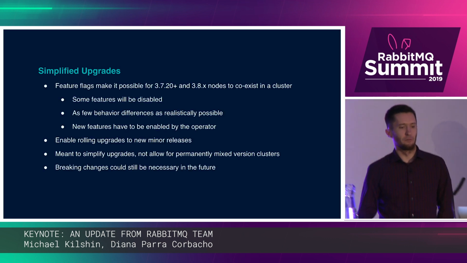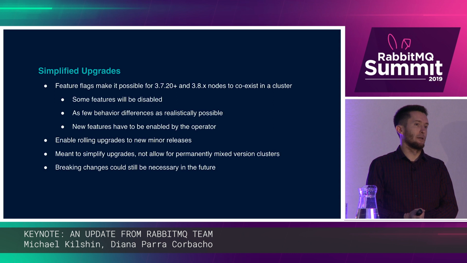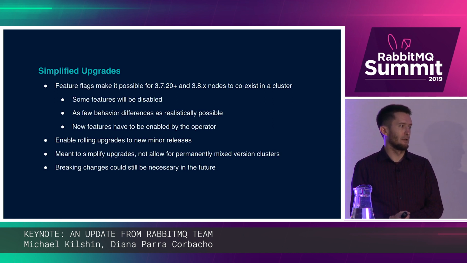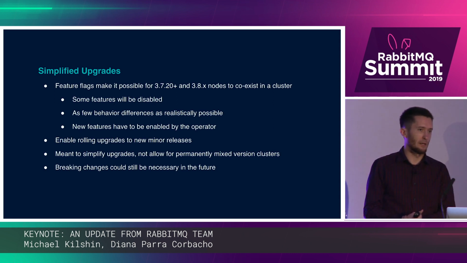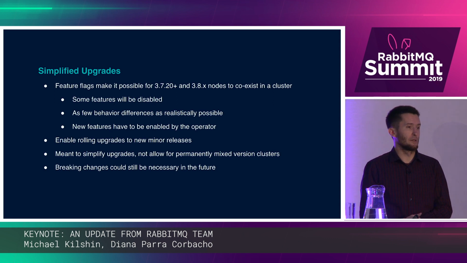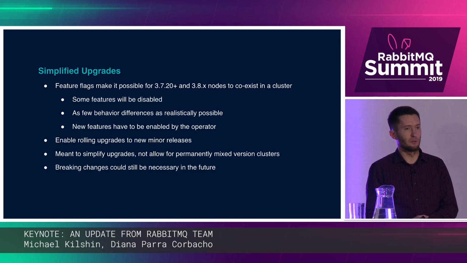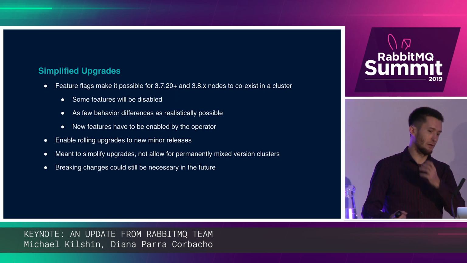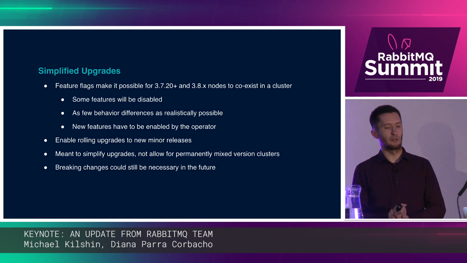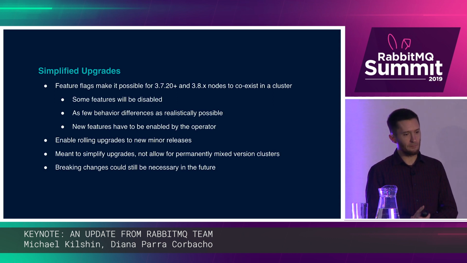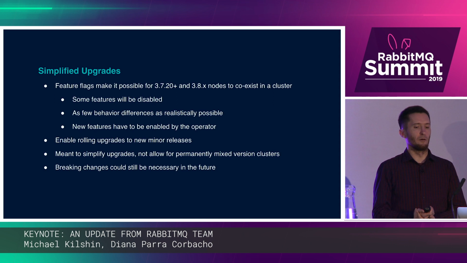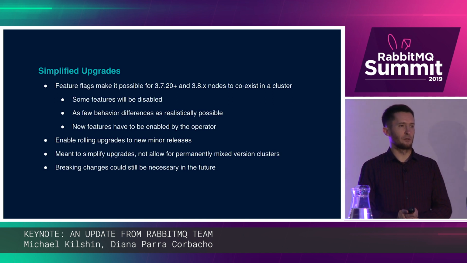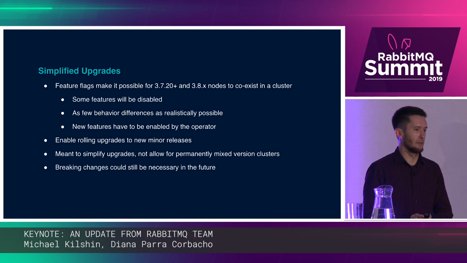So the next major feature in RabbitMQ 3.8 is simplified upgrades. We introduced a subsystem called feature flags, and feature flags are used by nodes to communicate their capabilities to their peers. So for example, if you cluster a 3.7 node together with 3.8, all nodes will behave as close as possible to 3.7.